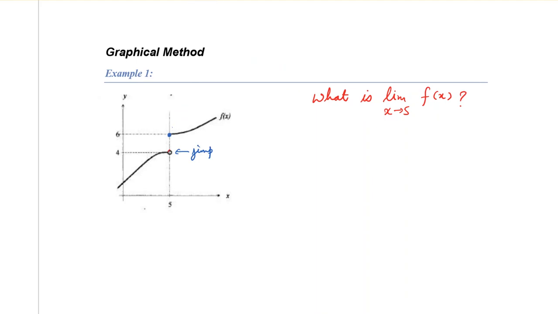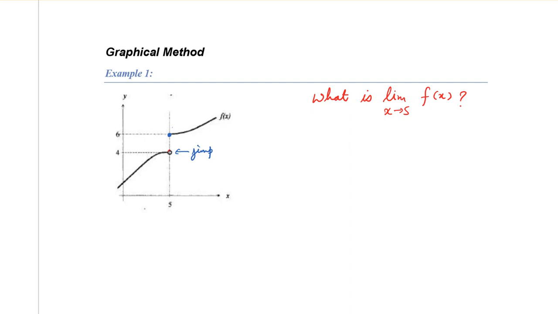So this function is a stepwise function because there is a jump discontinuity. And in order to figure out the limit as x approaches 5 of f(x), we need to look at both sides of 5 and see what happens to the value of the function in the neighborhood of 5.